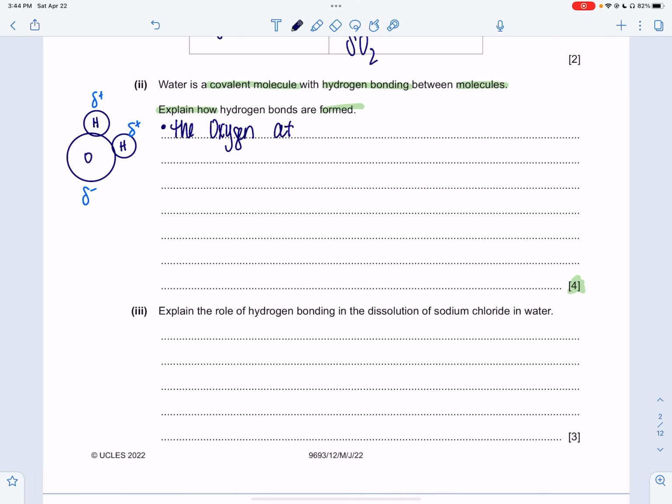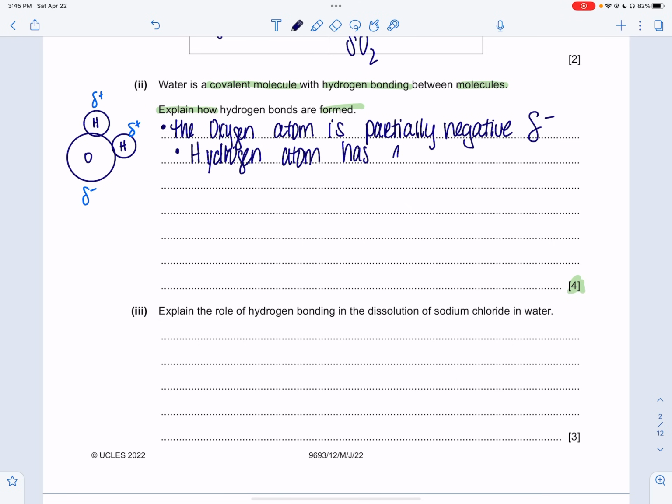The oxygen atom, it's not an ion. Ions form when an electron is lost or taken. So partially negative, or you can use this symbol, and that's actually what I'm going to use. It's a lot easier. The hydrogen atom has a partial positive charge.